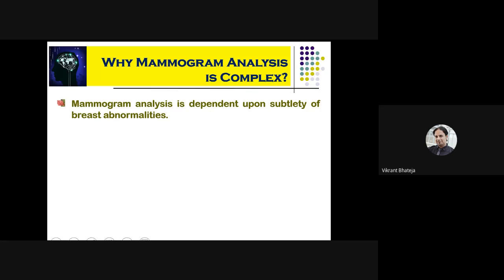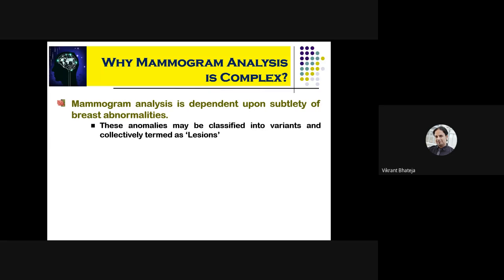Again, the mammogram analysis is dependent upon the subtlety of the breast abnormalities. Another point is that right now we are just naming it tumor or non-tumor.